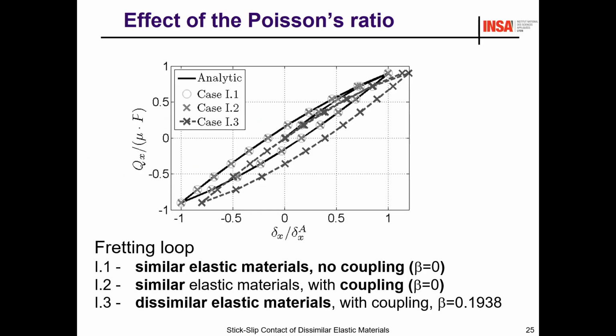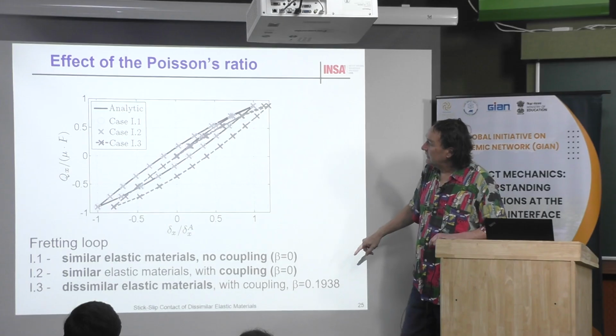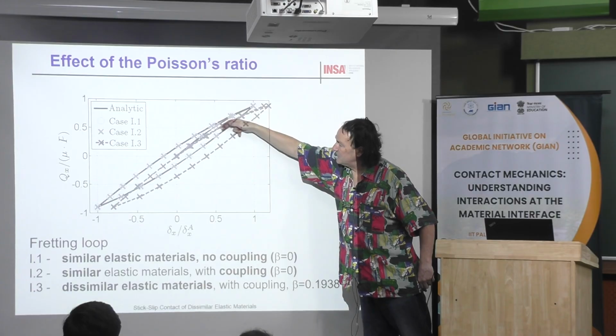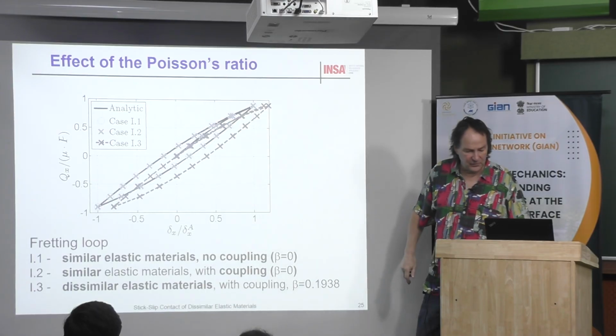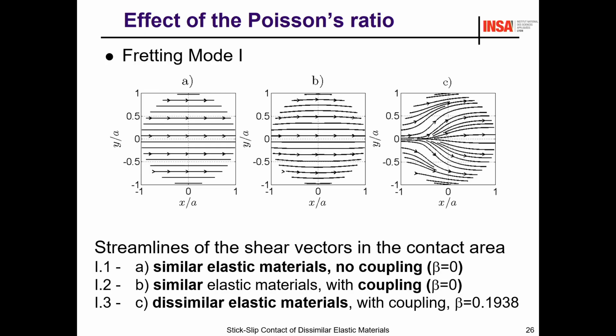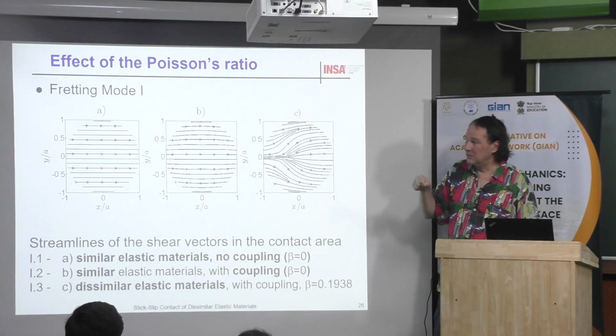Then you can see the fretting loops are the same here and here, but it's different when you have dissimilar materials. And these are typically, I don't know the name in English, yes, the streamline. This is the streamline, okay?